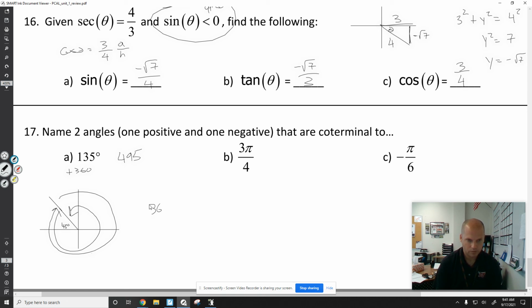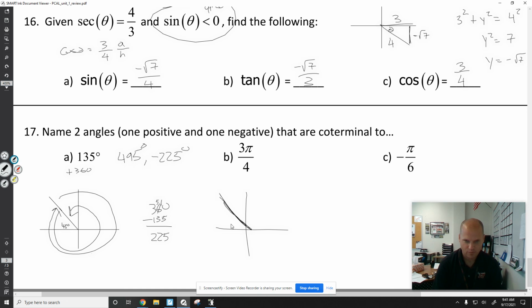A lot of people struggle with subtracting, but if you take 360, subtract 135, just take that number, make it negative. So this is negative 225 in degrees. It's tough to add 360 and subtract 360. You know what's easier than doing that? Adding 2 pi's.